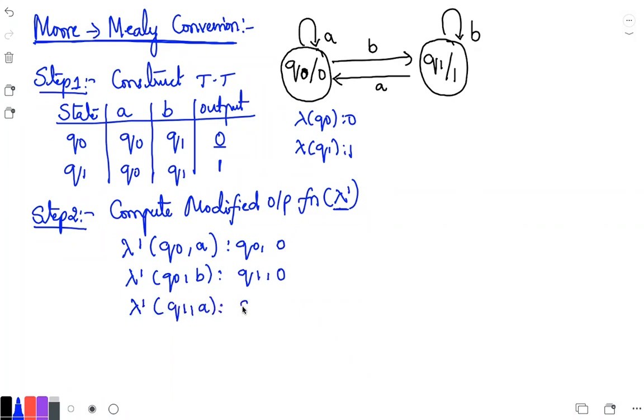Q1 on A, Q0 with output 1. Same way Q1 on B, Q1 with output 1. If you reach Q0, the output is 0; if you reach Q1, it's 1.